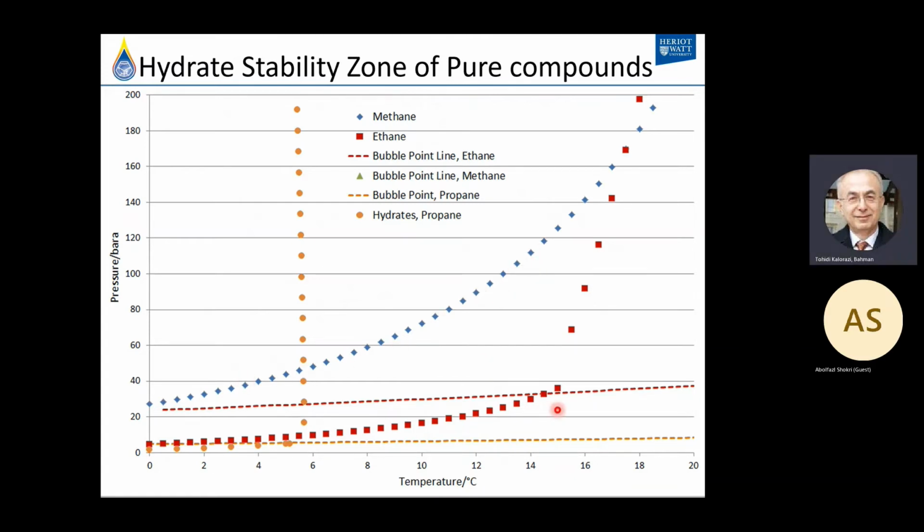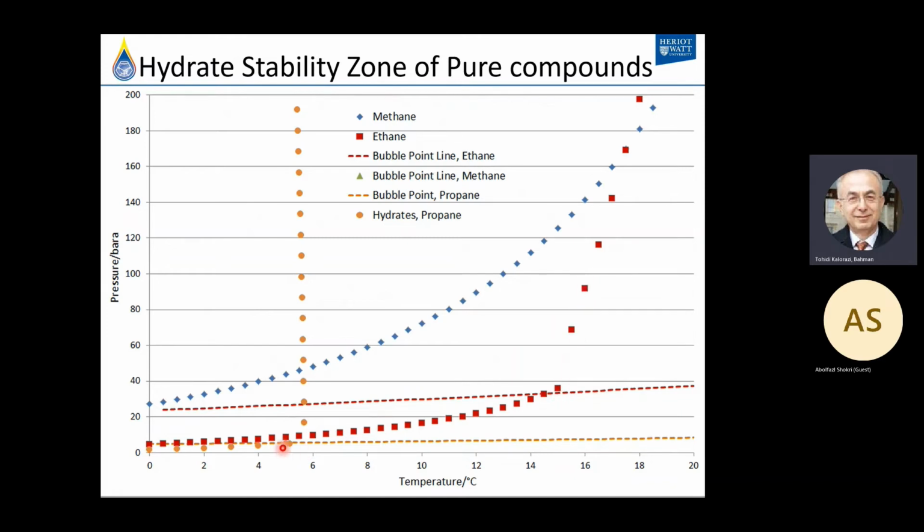Okay. What is the reason for the sharp increase in the slope? If you plot the bubble point of ethane, you see that below this bubble point, this is a gas, and above that is liquid ethane. So when the phase changes, the slope changes here.